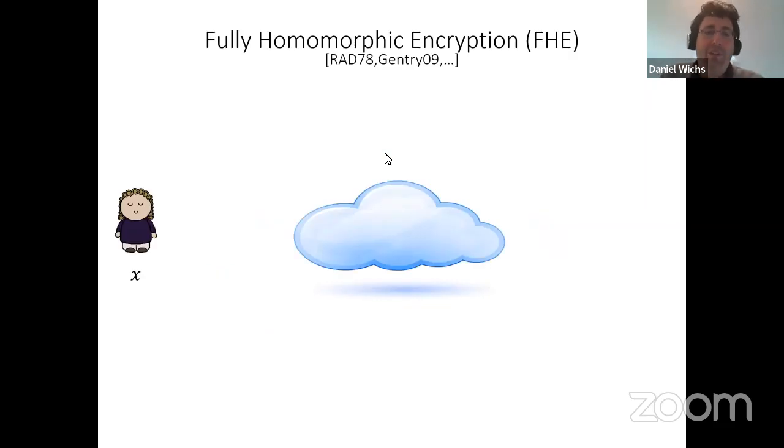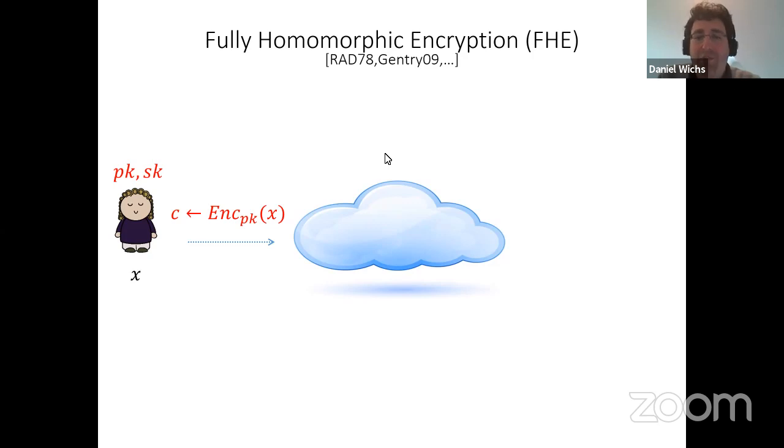So fully homomorphic encryption, again, I expect many of you already know, but it's an idea that goes back quite a long time, but we only started getting constructions recently, starting with the work of Gentry in 2009. The idea is that we have a user with input X, and the user can encrypt this input, so generate a public key and a secret key for an encryption scheme, and encrypt the input X under the public key. So in that sense, it acts like standard public key encryption.